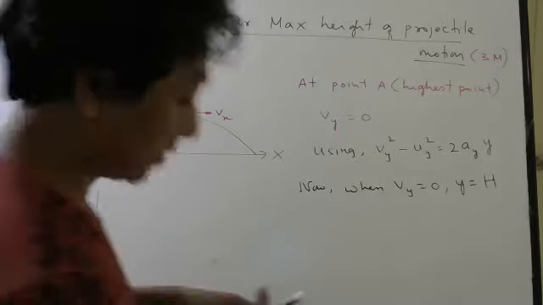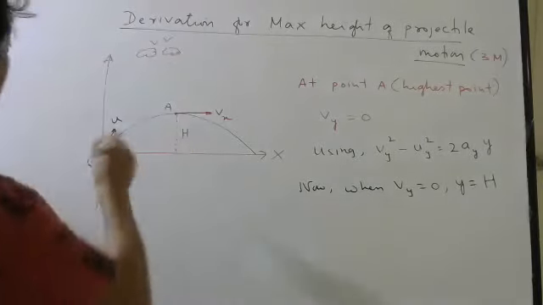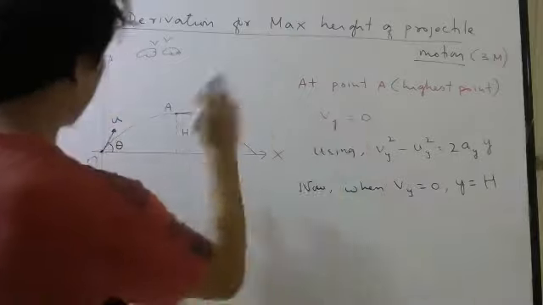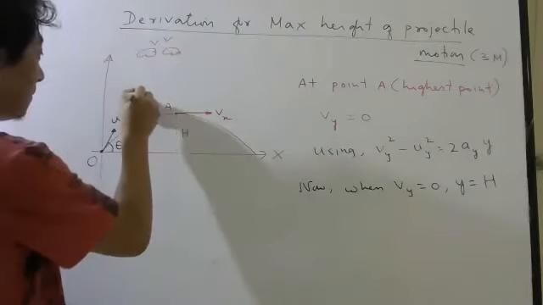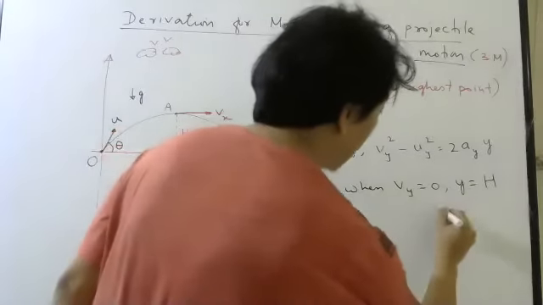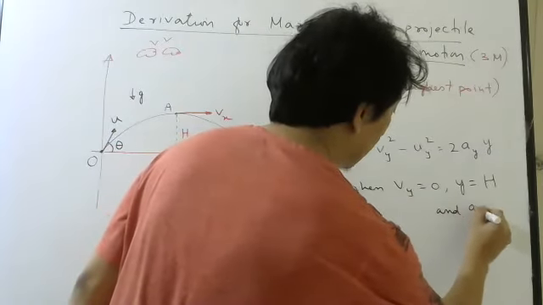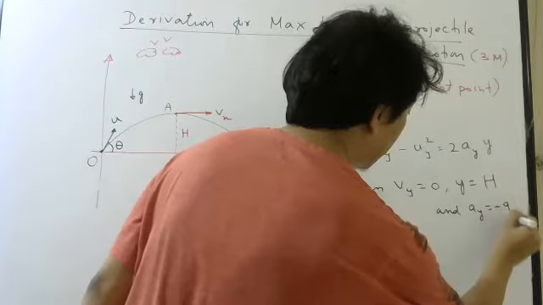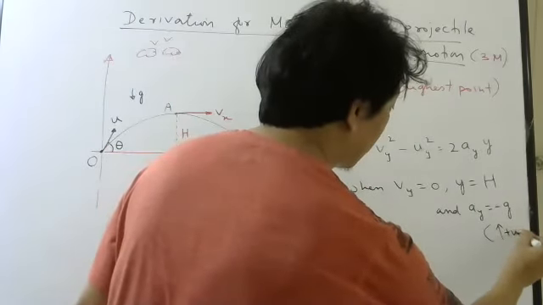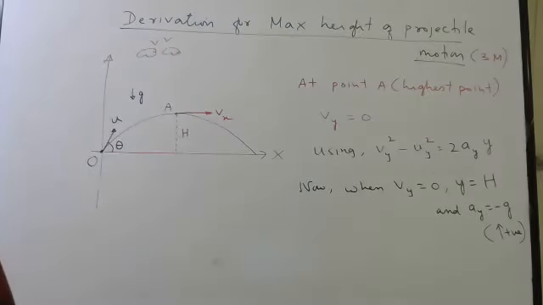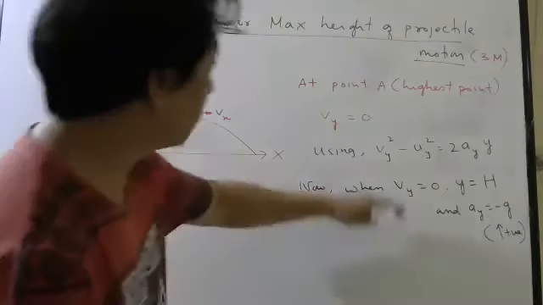Okay. And what is ay? Since it is moving under gravity, acceleration due to gravity is downwards. So ay is nothing but minus g, because in these problems we take upward positive. Okay, so substitute this now.